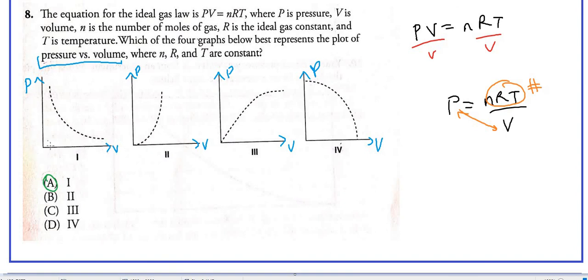Here as V is getting bigger, P is also getting bigger. Here as V is getting bigger, P is constant up to some point and then getting smaller. Here as V is getting bigger, P is getting smaller, but this is a limited function. Here the function has no boundaries. So A is correct.